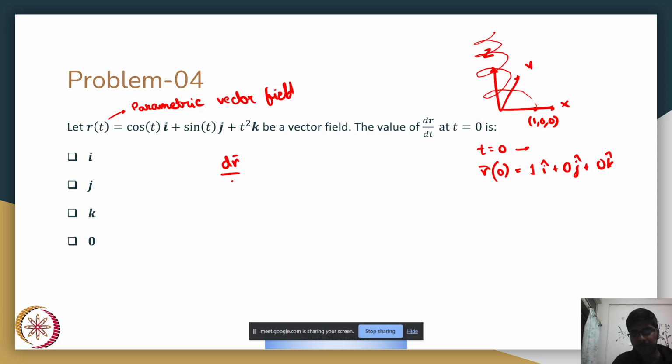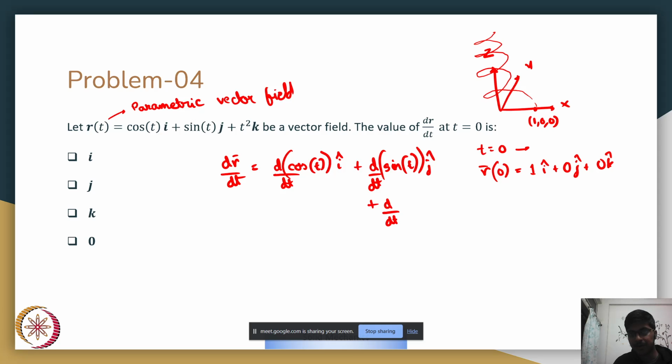That would be nothing but the derivative of each of the components. So d by dt of cos of t i hat plus d by dt of sine of t j hat plus d by dt of t square k hat.